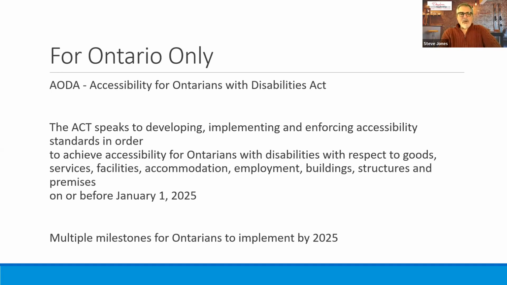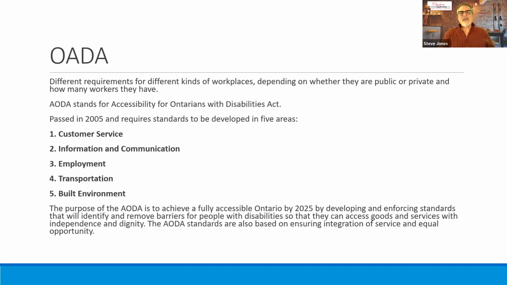And so they set multiple milestones along the way. The first milestone was an easy one. This was customer service, in 2005. So there we go, it was a 20-year rollout. In 2005, they said, okay, the first step is customer service.